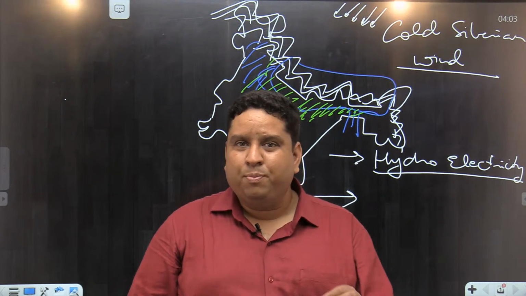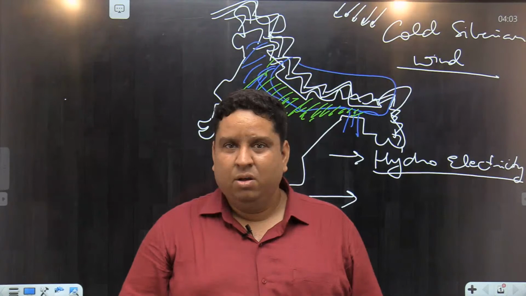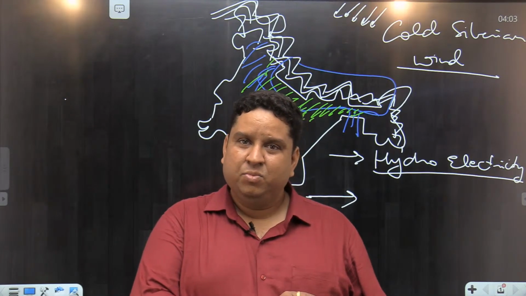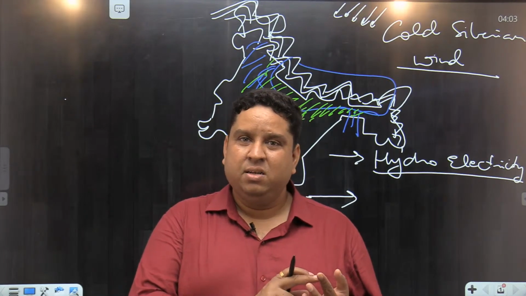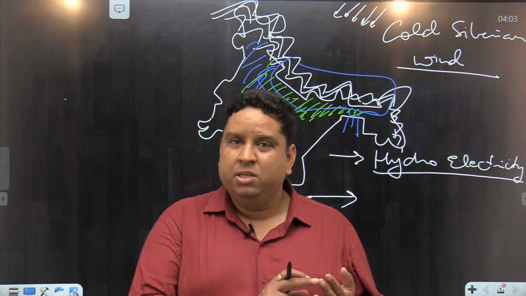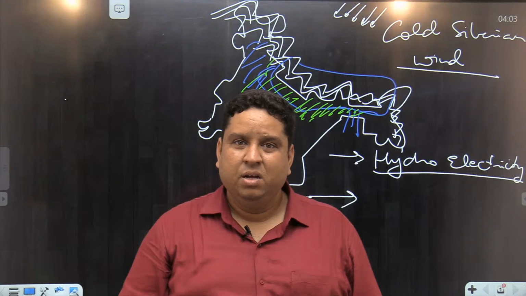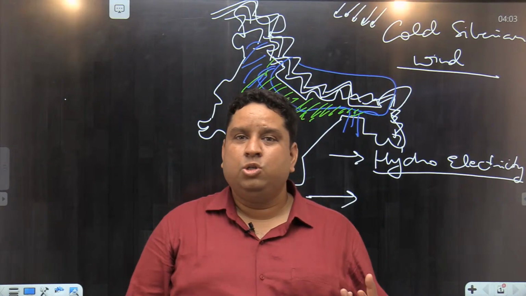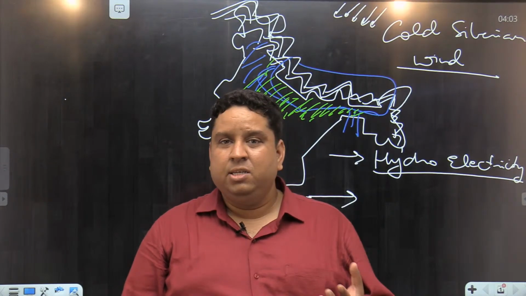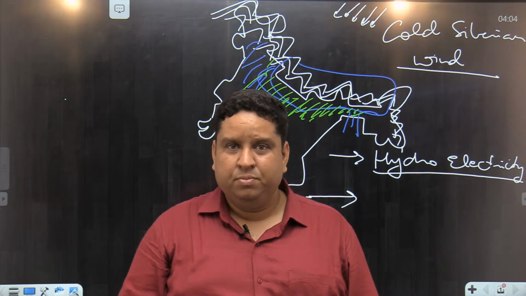Out of these 4 biodiversity hotspots, one is the Himalayan region, second is the Western Ghat region, third is the Northeastern region, and fourth is the Andaman and Nicobar region. So these regions are very rich biodiversity hotspots.